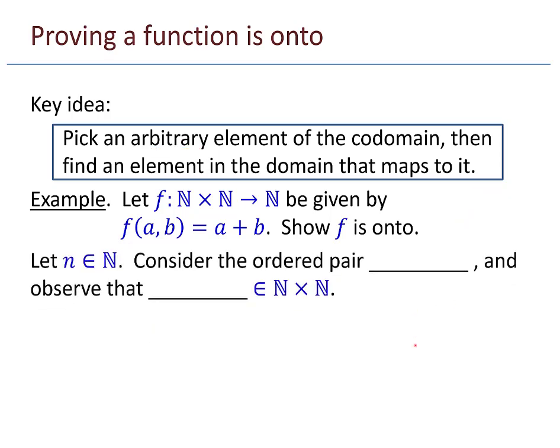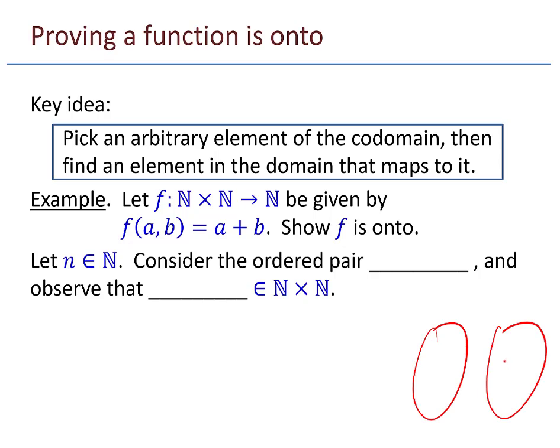So here's how the proof goes. Let n be an element of my natural numbers. This is my codomain. I'm picking something in the codomain. Consider the ordered pair blank and observe that this ordered pair is in N cross N. So I need something that maps to n. Well, there's probably lots of things that map to n.